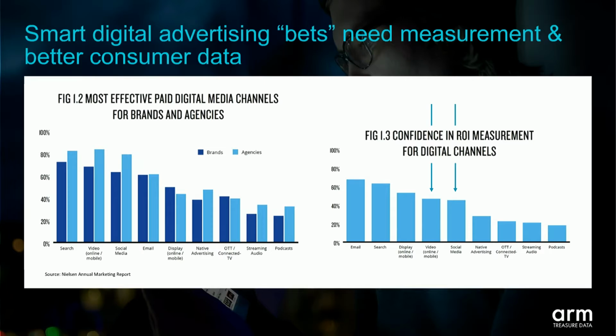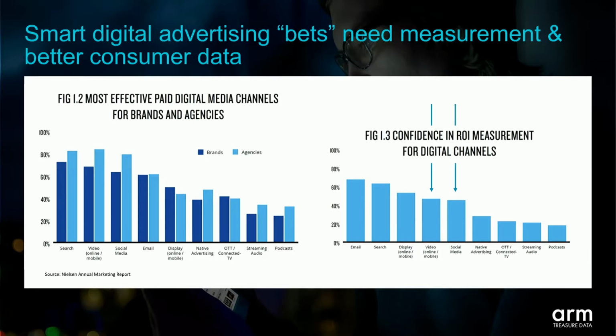And you'll see that video and social dropped in those statistics quite significantly. People are very sure of email. They know that they can understand their returns, right? So some of these newer channels, and video is great, and I can see where people would think, yeah, this is a great place for me.